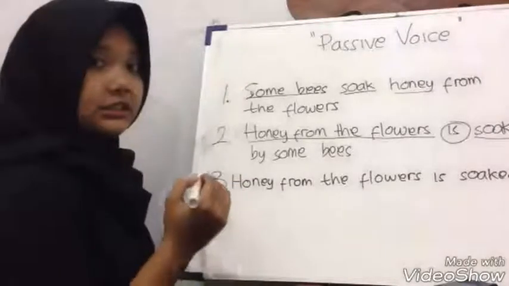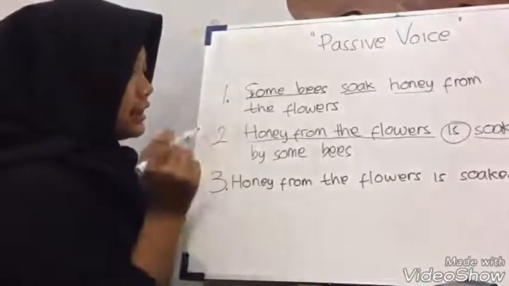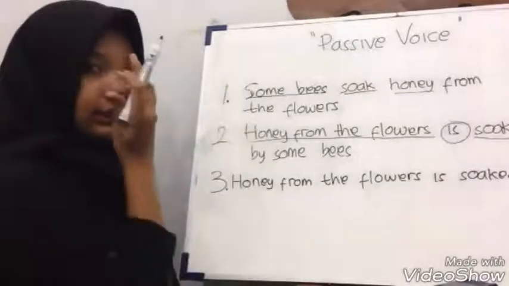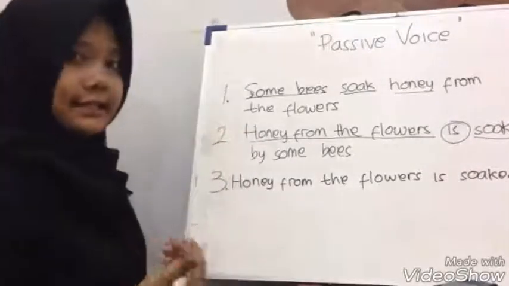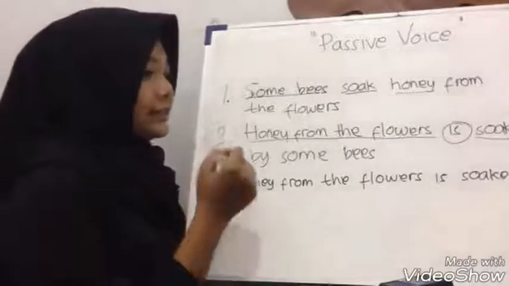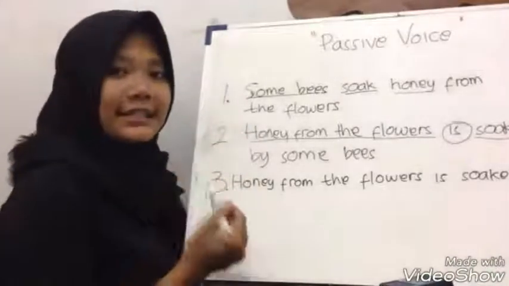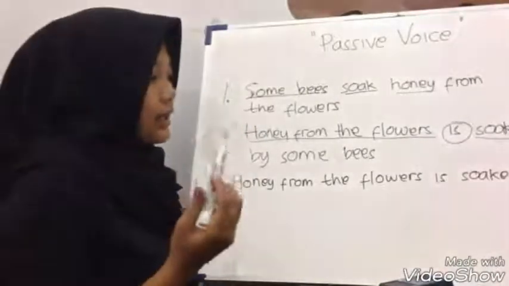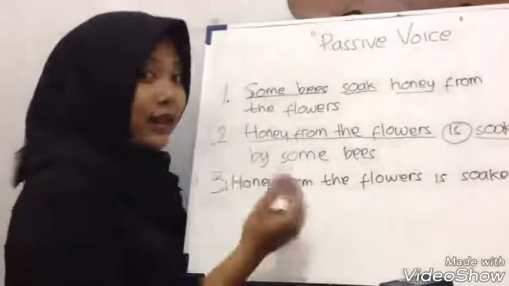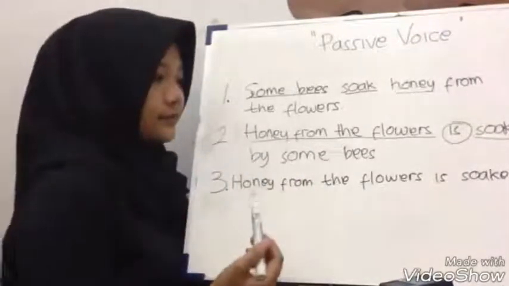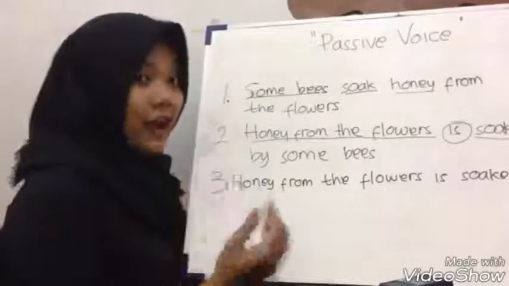The third sentence still has the same pattern as the second sentence. Now look at the last two sentences. You can see that they are passive voice, but they are different.